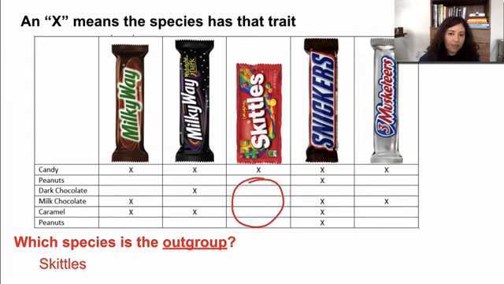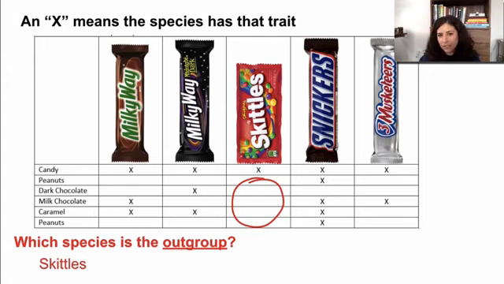So in this case, Skittles is going to be the outgroup. And the reason we're using candy as an example is that being familiar with these candies, it's really obvious, right? Milky Way Dark, Snickers, Three Musketeers, those are all chocolatey candies, and Skittles is the only one that isn't. So it's very clear here what the outgroup is, and that's just to help you see, oh, it's the outgroup, it only has one single trait in common.